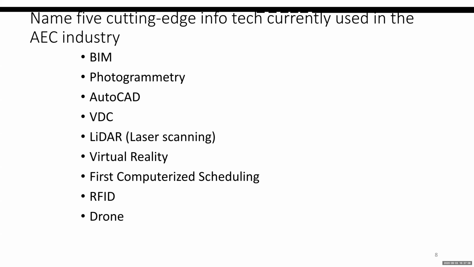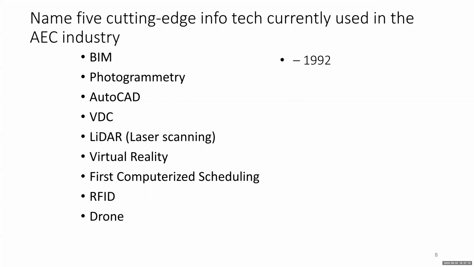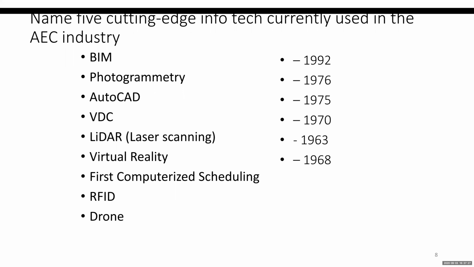All right, let me show you when these technologies were invented and started to be put in use for the first time. BIM, 1992. Photogrammetry, 1976. AutoCAD, 1975. VDC, 1970. LiDAR, 1963. Virtual reality, 1968.